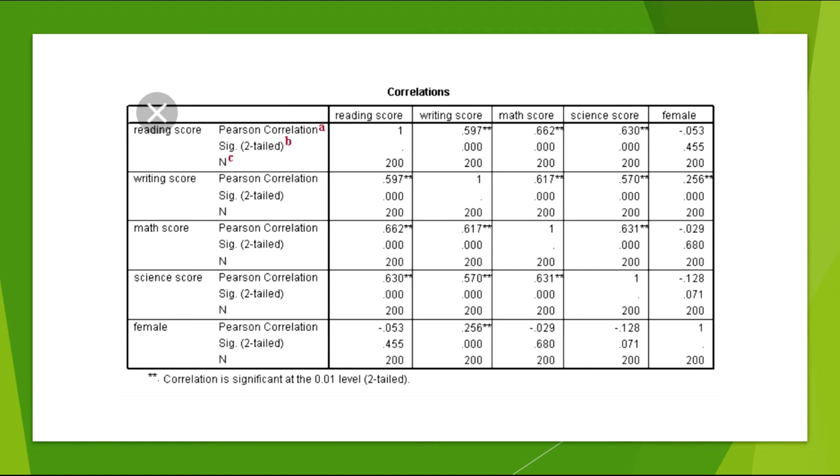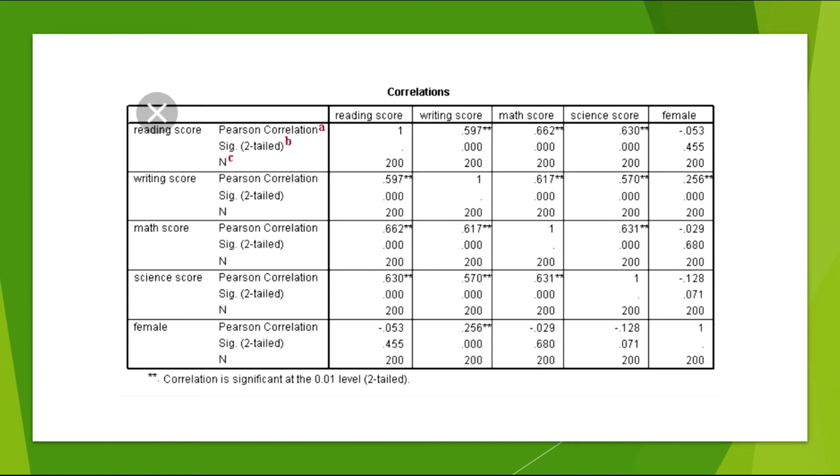If you look at the writing score and female relationship, this is where you read the figures, and the Pearson correlation is 0.256, and the significance value is 0.000 with n of 200. For the relationship between math score and female, the finding is negative 0.029, the significance value is 0.680, and n is also 200.